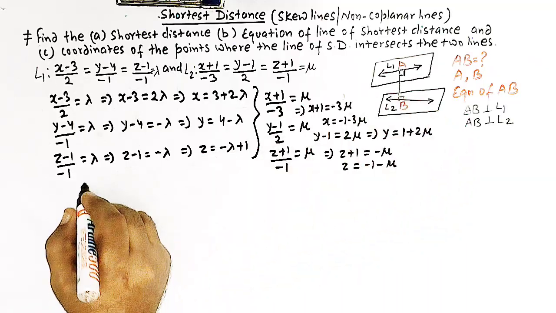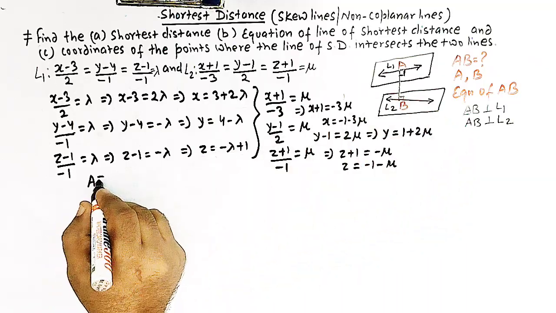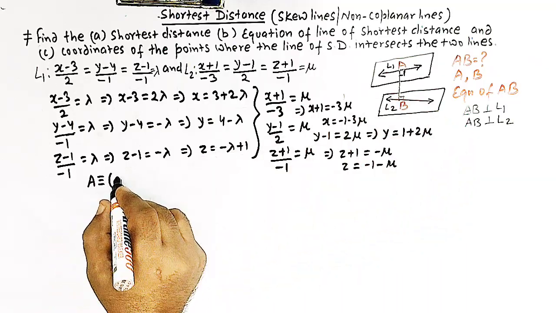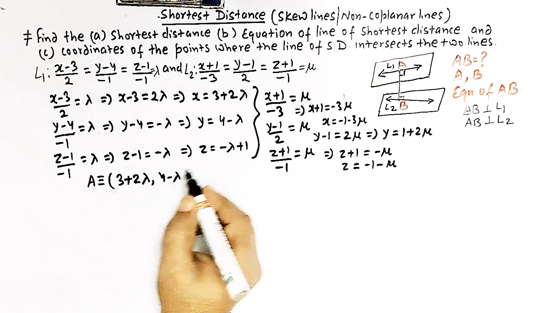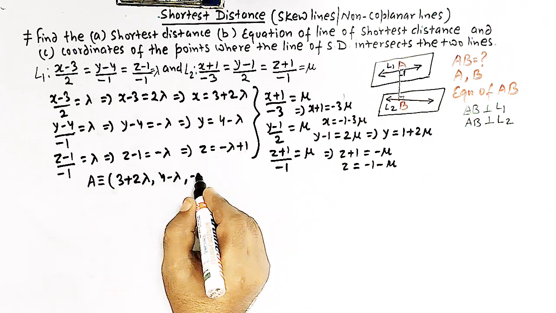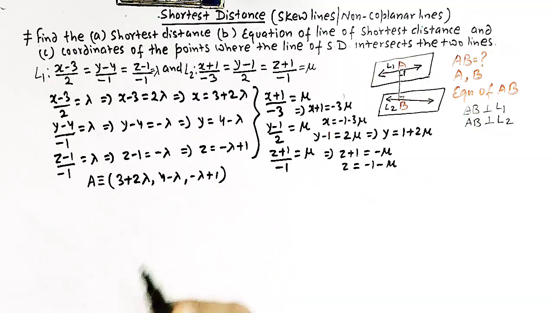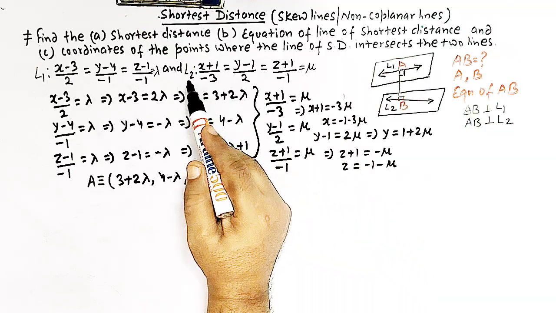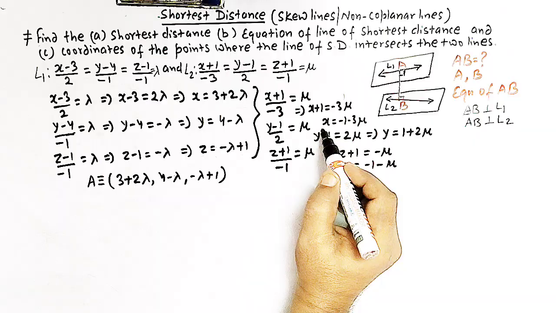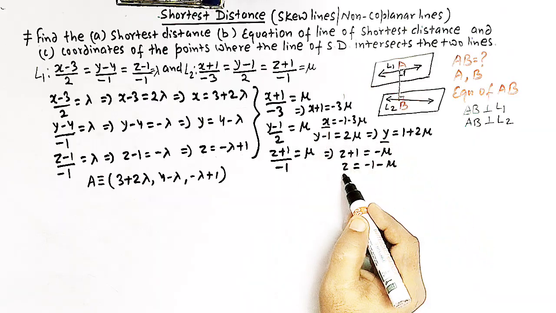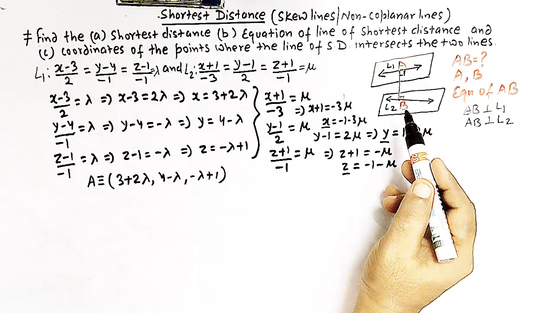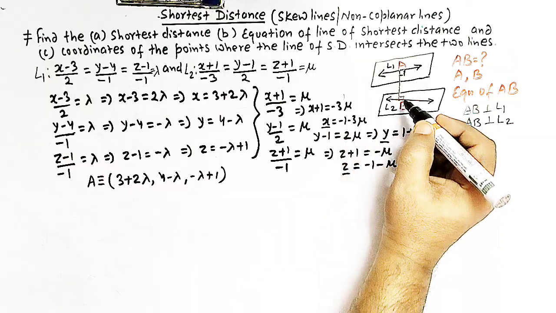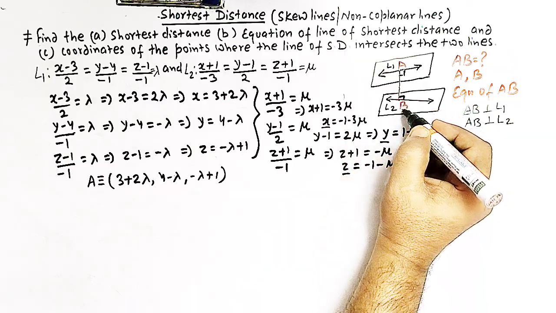So the coordinates of the point A may be written as 3 plus 2 lambda, 4 minus lambda, and minus lambda plus 1. And similarly from line L2 we have the coordinates x, y, and z, and for some particular value of mu this coordinate represents this point B, right?